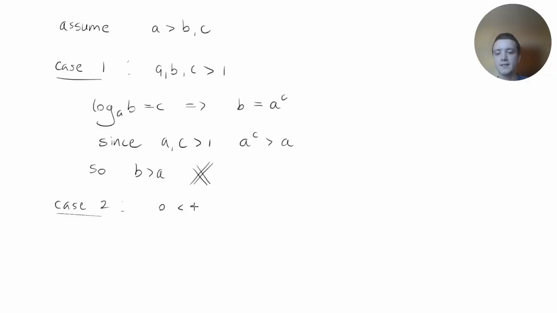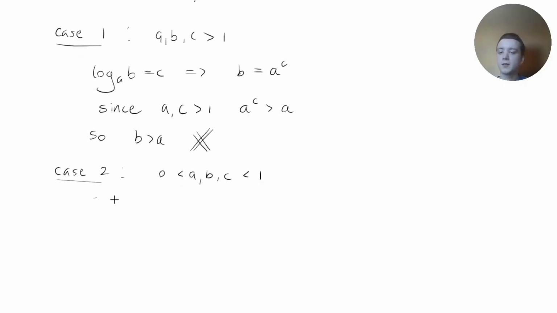We can try A, B, and C being between 0 and 1. By the same argument, we know that B is equal to A to the C. However, in this case, we instead have A and C between 0 and 1.